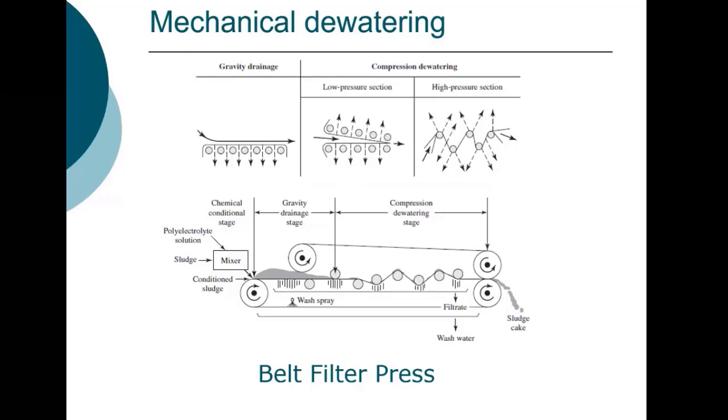And then typically these are installed on a second story, so that you can place a hopper below it. And you'll see this in one of the next videos. So you've got a hopper below it, and the sludge actually just falls directly into the hopper. So then it can be transported from the facility.